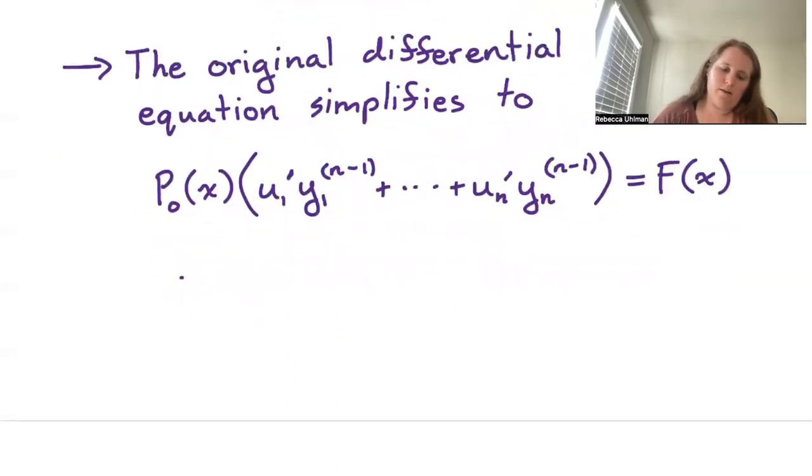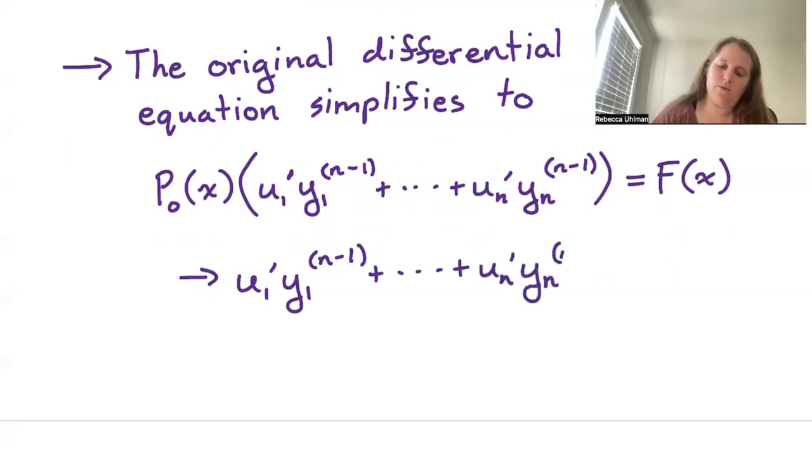And so we get u1 prime times the n minus first derivative of y1 plus all the way up to un prime times the n minus first derivative of yn is simply equal to f of x over p0 of x.